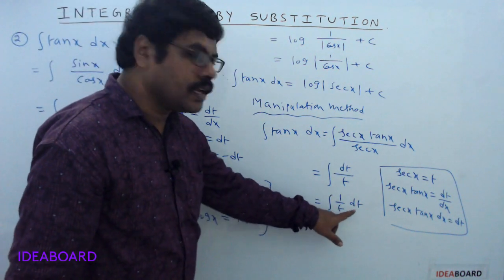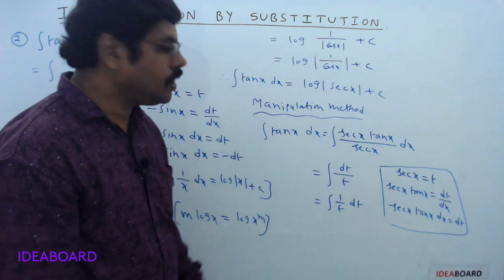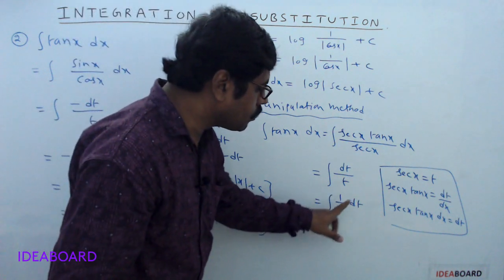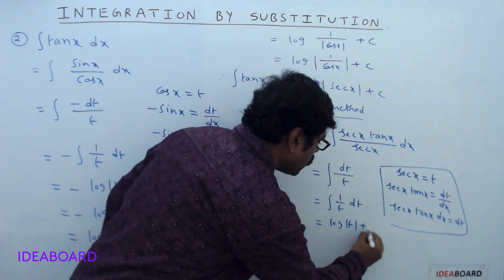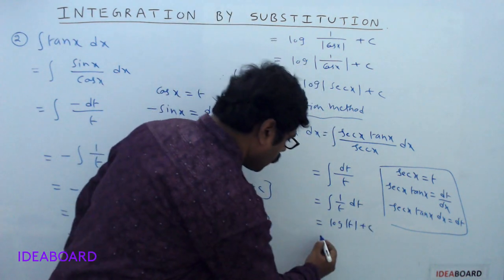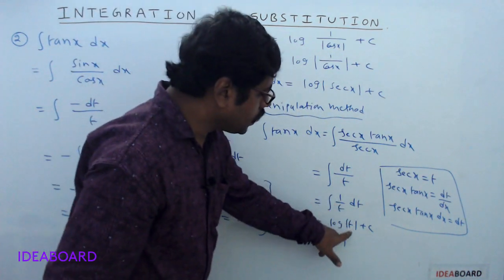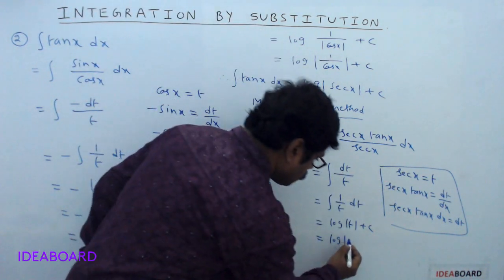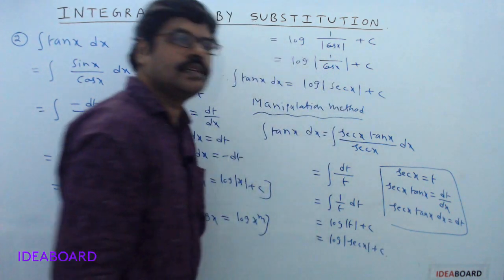Integral 1 by x dx is log mod x plus a constant c. So integral 1 by t dt is nothing but log mod t plus a constant c. Now this equals log modulus of, replacing t with secant x, log modulus of secant x plus c.